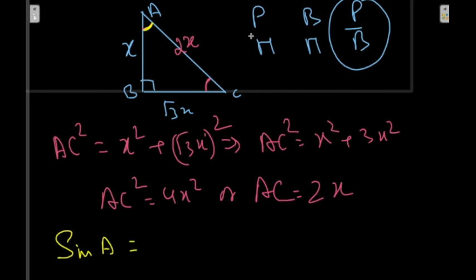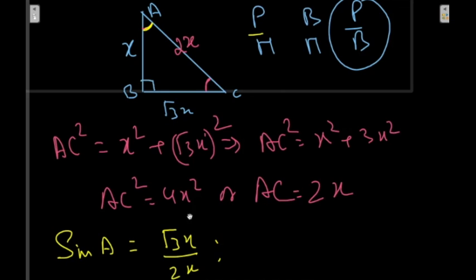So when we say sine of A is perpendicular to hypotenuse, then this BC becomes the perpendicular, and hypotenuse of course remains the same, because perpendicular is always opposite to the angle. So sine of A is going to be perpendicular over hypotenuse. And what is perpendicular here? Under root 3x over 2x.